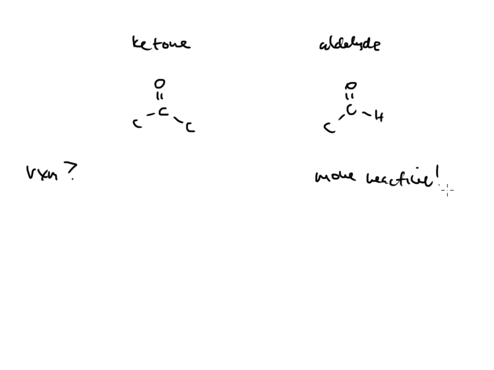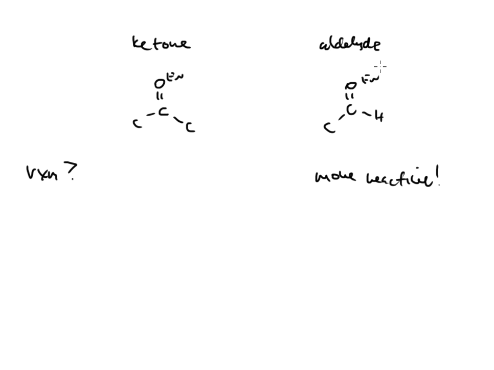Right? And the question is, why? Well, okay, first off, they both have a carbonyl, which means they both have the same electronegative oxygen on them. And that electronegative oxygen is an electron puller, and they both get pulled of electrons as far as the carbonyl carbon goes.